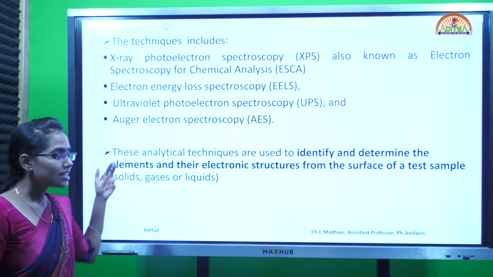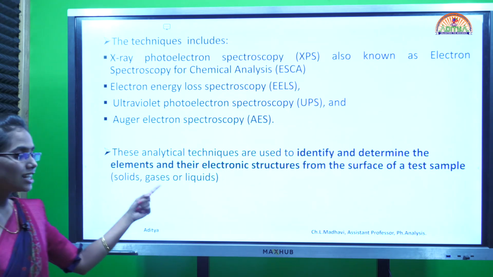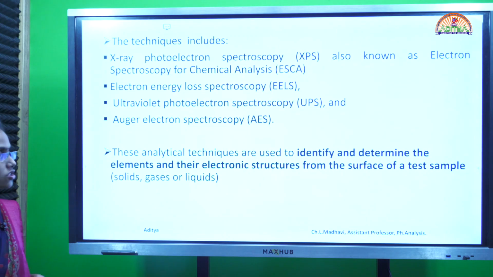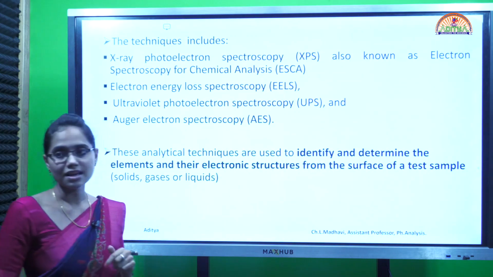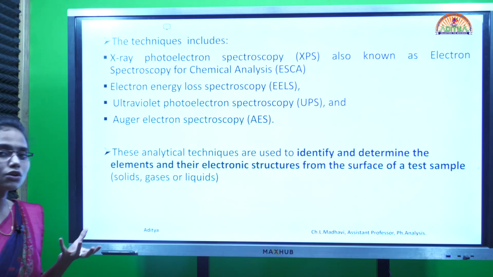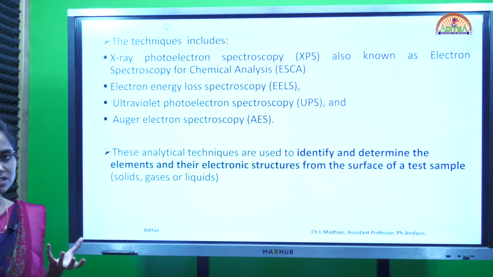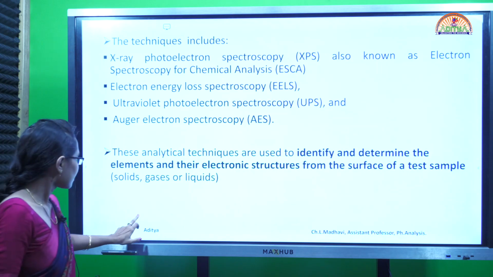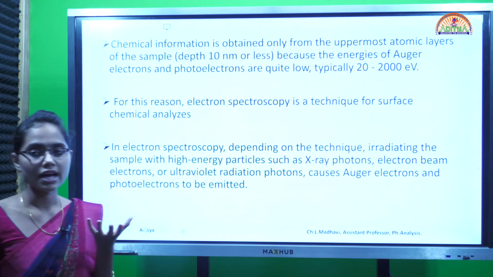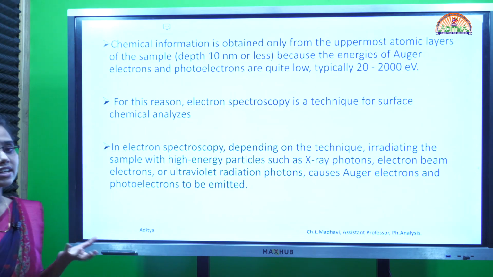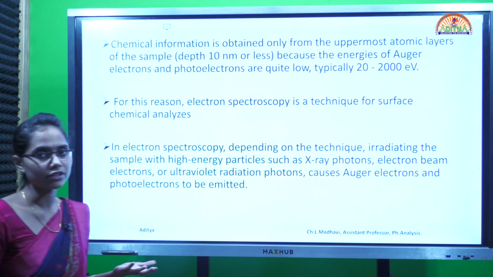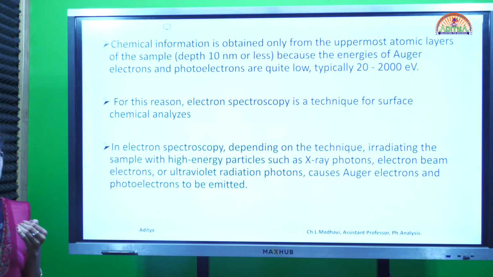These techniques are used to identify and determine the elements and the electronic structures from the surface of the test sample. Electron spectroscopy is normally used for studying only the surface of a chemical species. Only the information from the surface will be available. Why is that so? That is because the photoelectrons and the Auger electrons have very low energies.